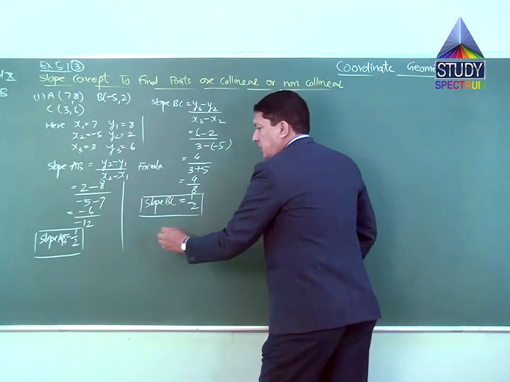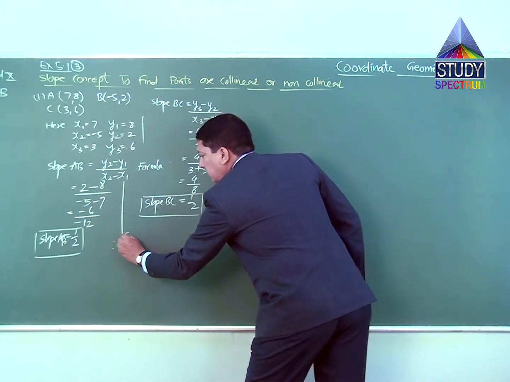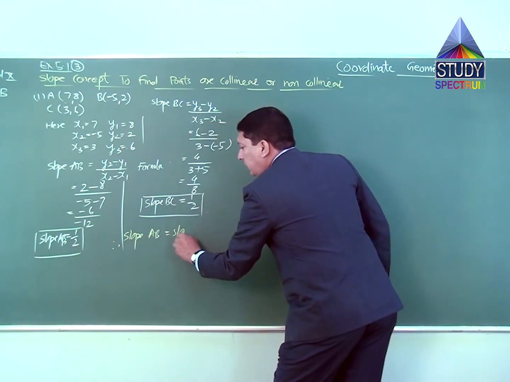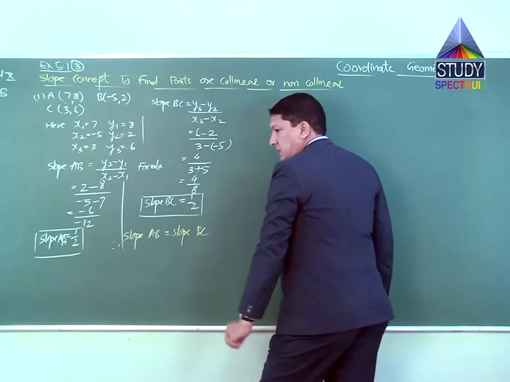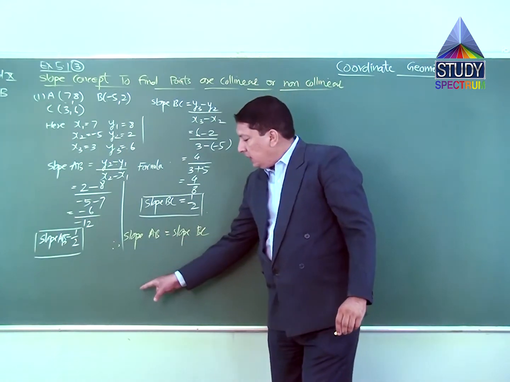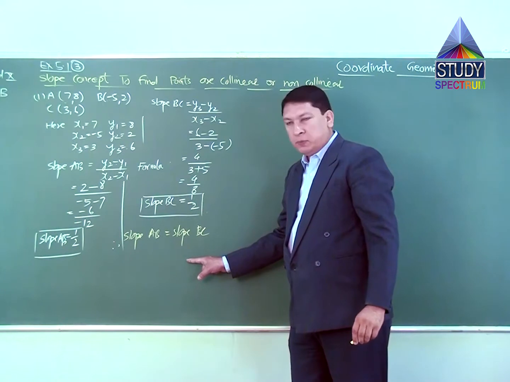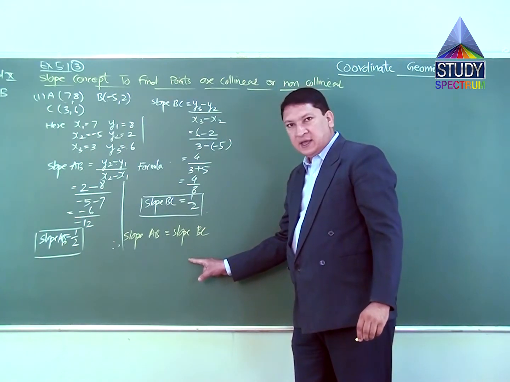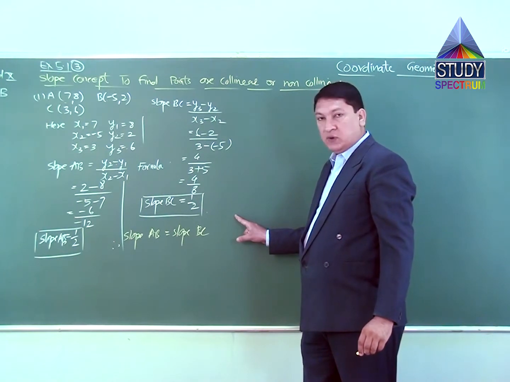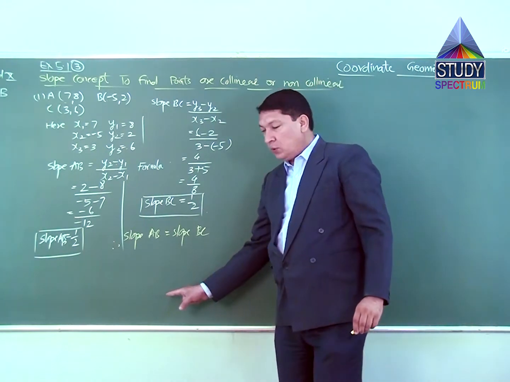Therefore, we can say slope AB is equal to slope BC. Again, you have to go to the imagination of the graph paper. A line is there, AB, which has slope 1 upon 2. Point B is there. Line BC is there. Slope is 1 upon 2. Don't you think points will be collinear?